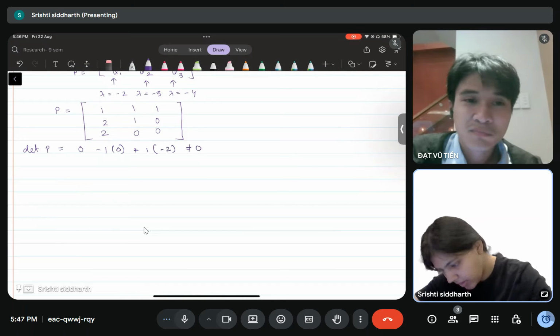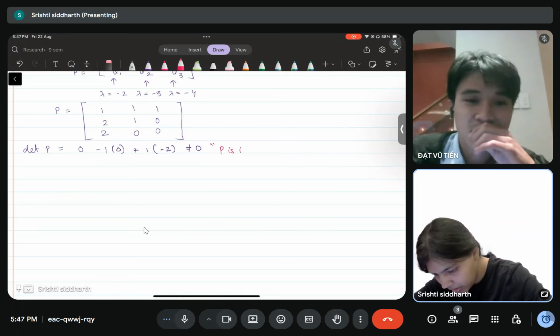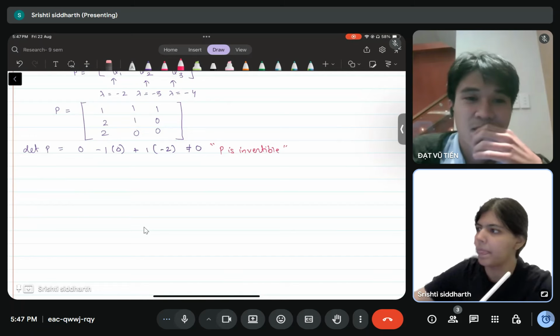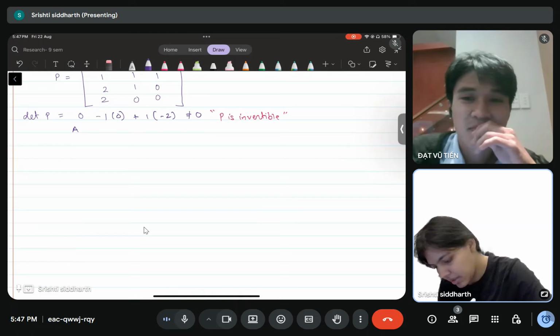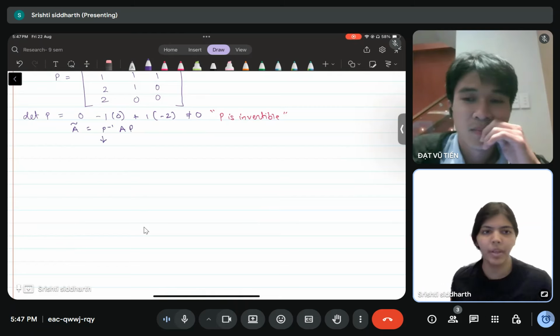Okay. So P is invertible. This means that we can use this as a transformation to diagonalize the system. Alright, let's see the new A matrix, A tilde. This is P inverse A P. Now our job is to find P inverse.